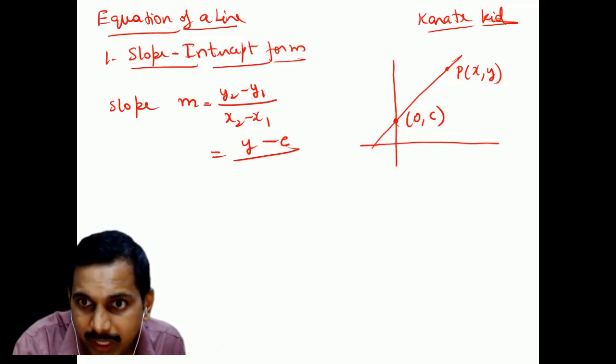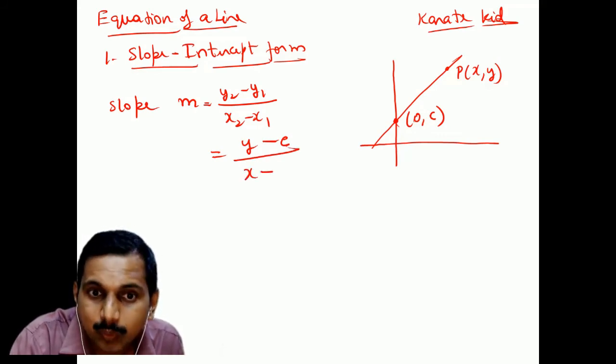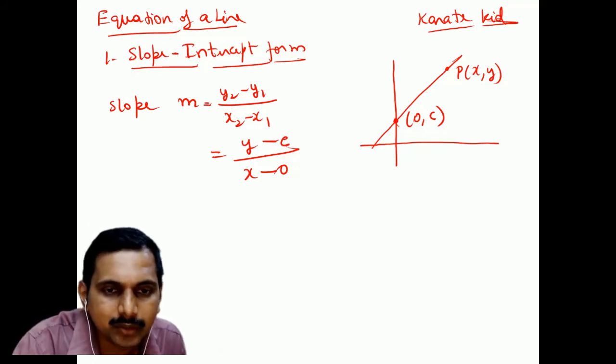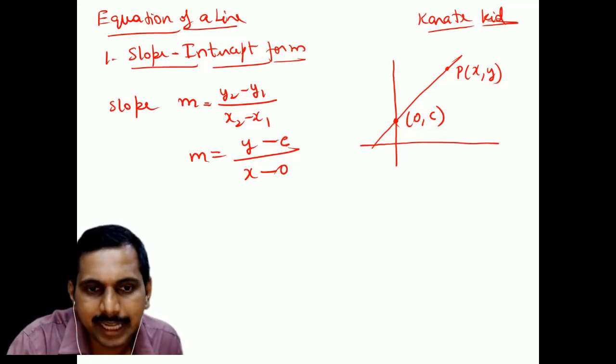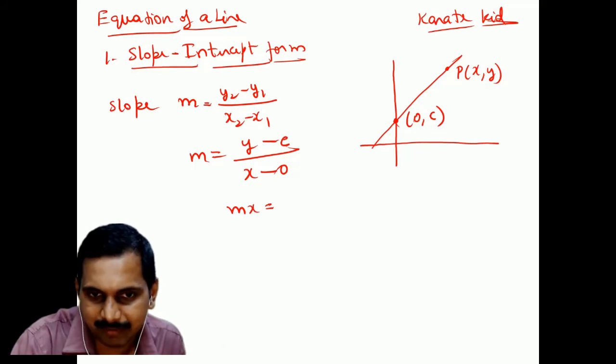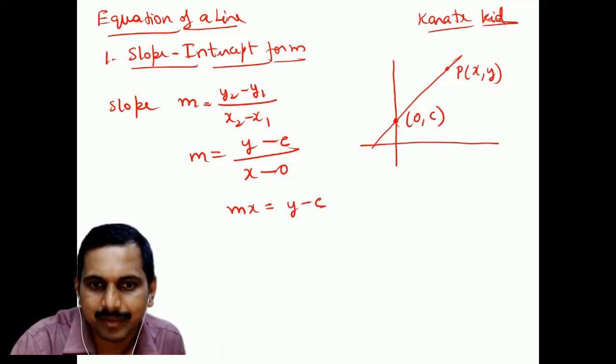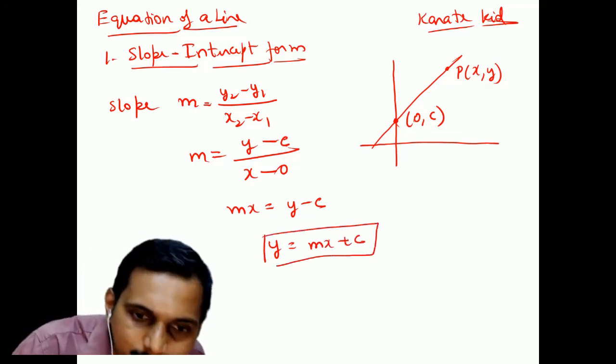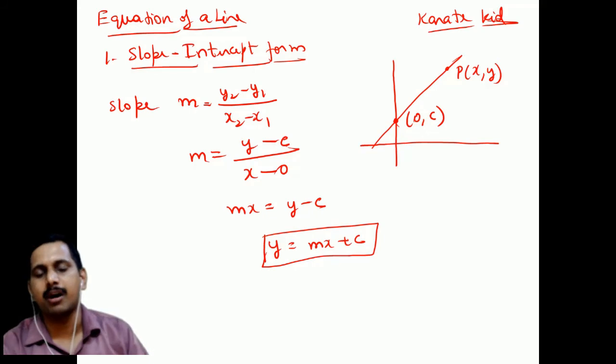What is x2 here? x2 is x. What is x1? 0. So this is equal to m. That means mx is equal to y minus c, or y is equal to mx plus c. This is how you get the equation in the slope intercept form.